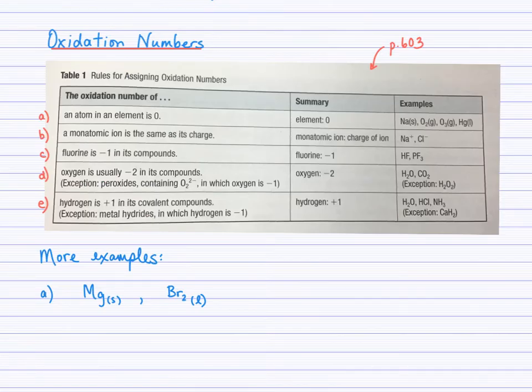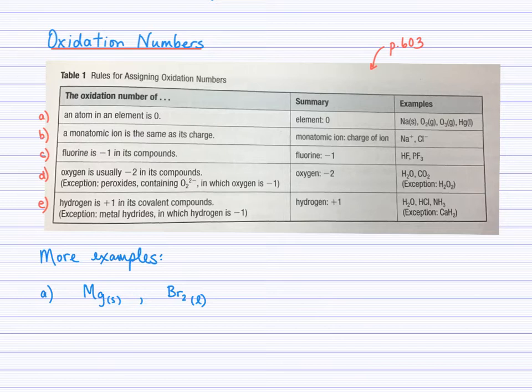Okay, the next part of the lesson is about oxidation numbers, and this is a super important concept. The oxidation numbers are essentially a bookkeeping system of integer values that we use to help us identify redox reactions, identify which substances are being oxidized and reduced, and we'll use them to help us balance redox reactions.